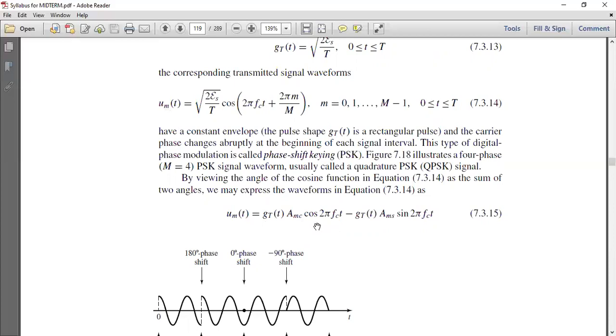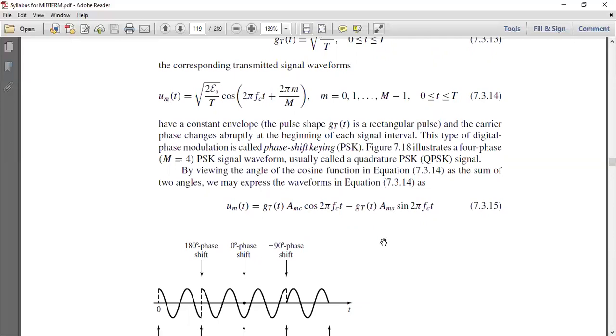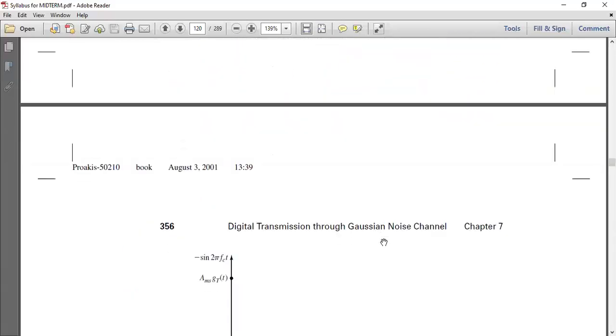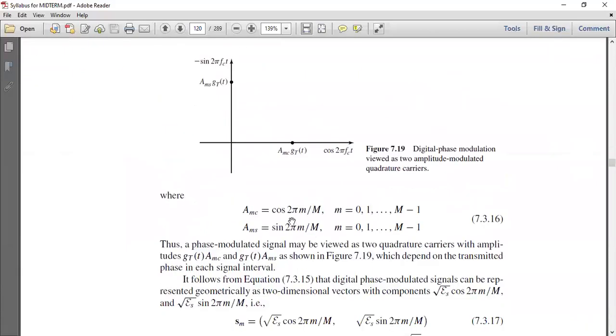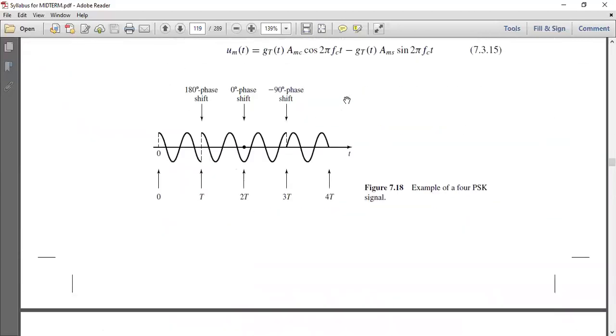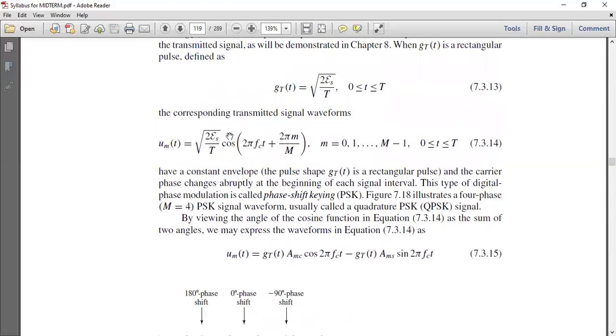You can easily get this. Now we have A_mc and A_ms, which are given by this. So if you apply cosine alpha plus beta on this expression, you will get the expression of phase modulation, QPSK.